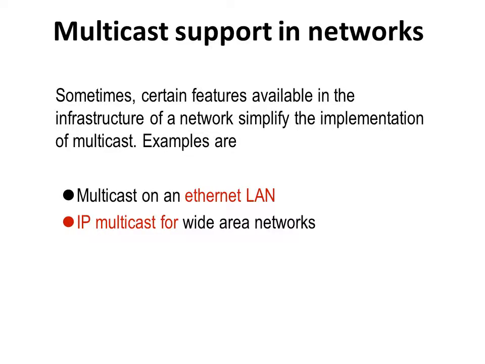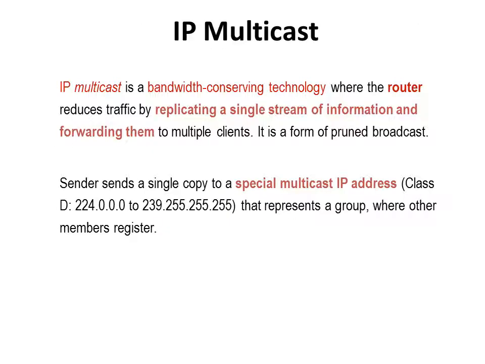Now moving forward, you should be able to tell the difference between the IP multicast and an application layer multicast, the major differences. IP multicast is a bandwidth conserving one, where the router actually makes copies of the messages and sends them forward, but the source just sends one single message forward.